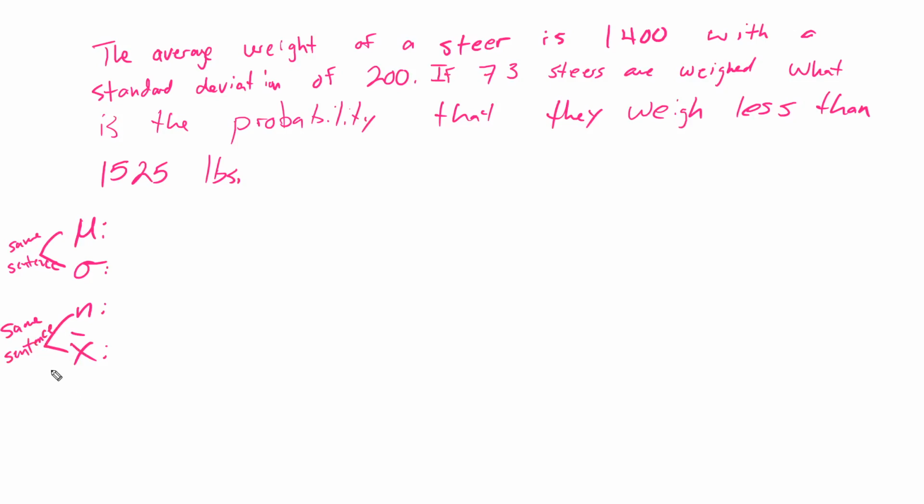So the average weight of a steer is 1,400. That's the average weight of all steers. That's mu. This right here is mu, 1,400. With the standard deviation of 200. If 73 steers, that's your sample size, 73. What is the probability that their average weight is less than 1,525 pounds.